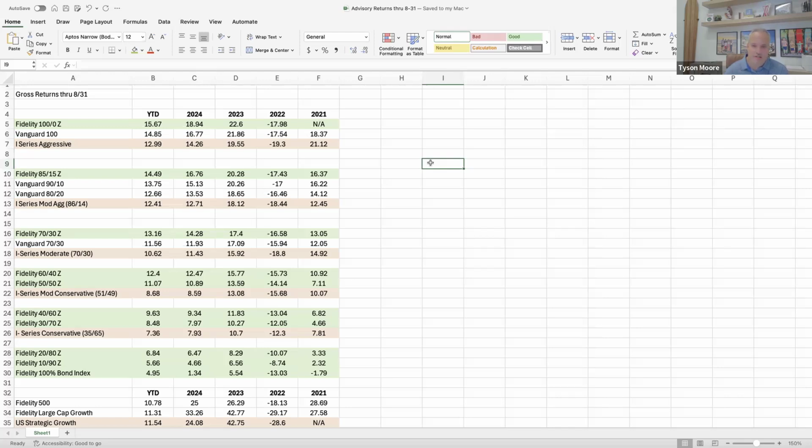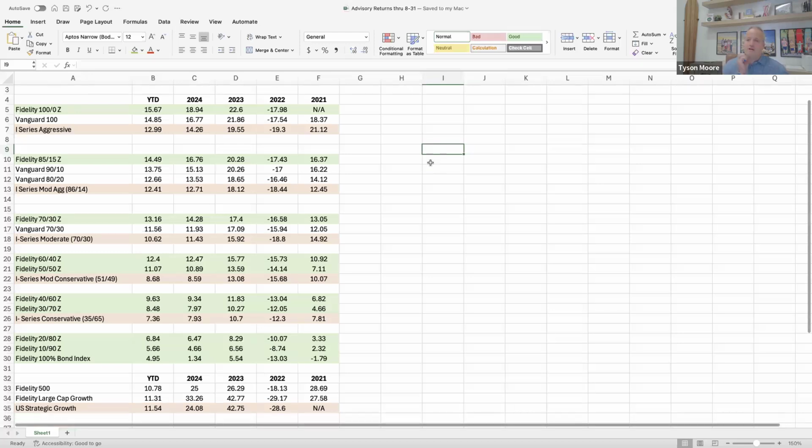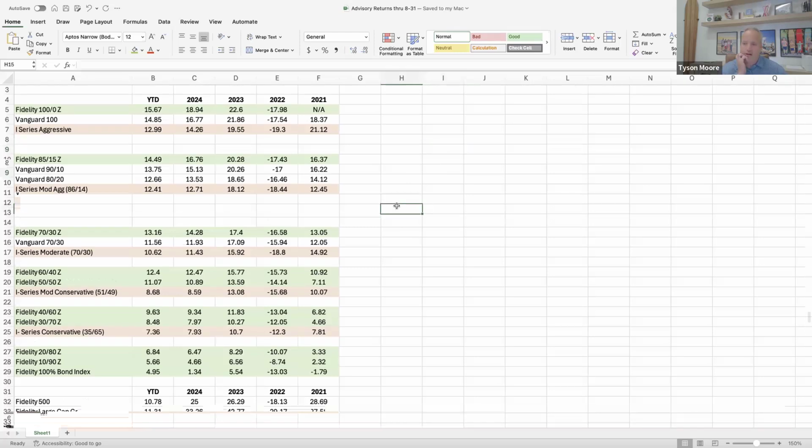I know it's kind of a lot to set your eyes on, but as we roll down here, even going down to the moderate category, which is anywhere between 50 and 70% stocks, probably, again, you're seeing really consistent outperformance from Fidelity over Vanguard, over I-Series.